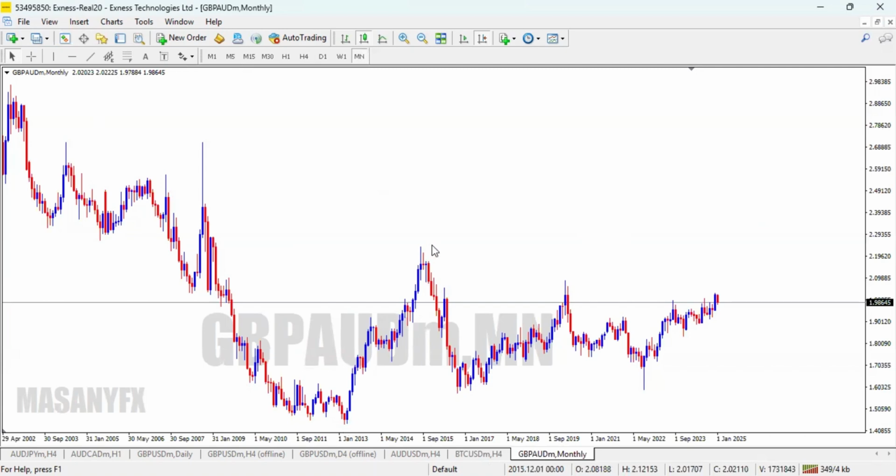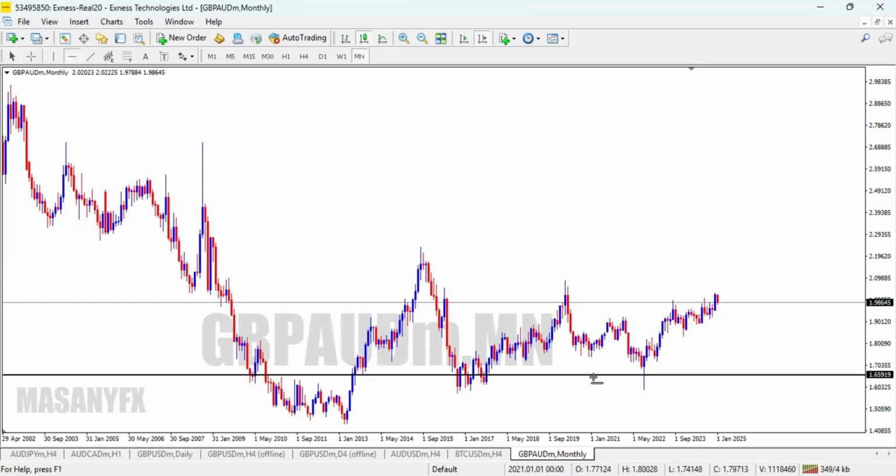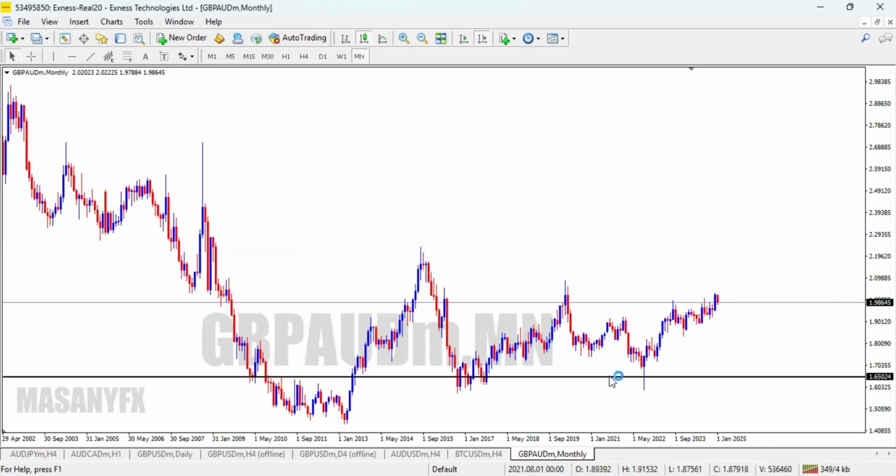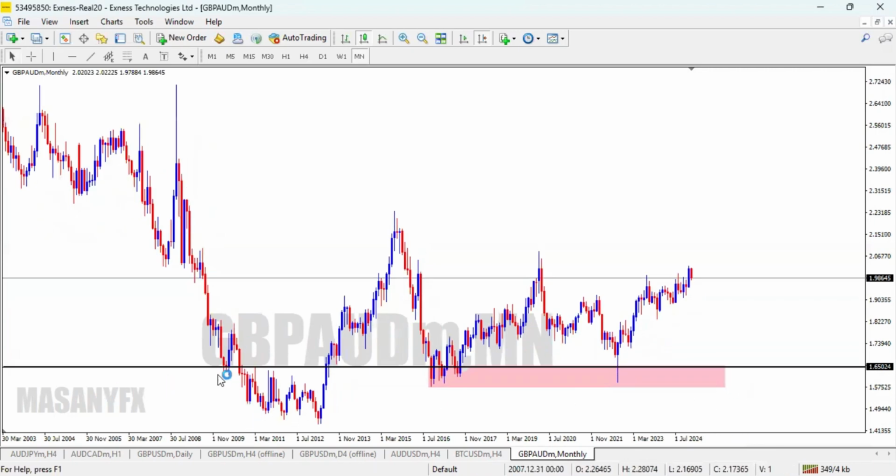From here to here it was buying. If you can check here, this was a demand zone.